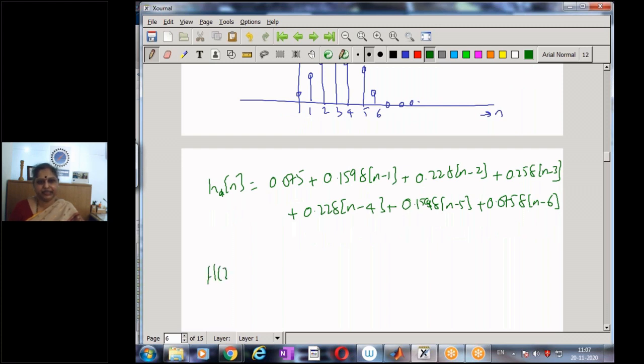Now immediately I can have the transfer function representation of the filter. And what is my transfer function?